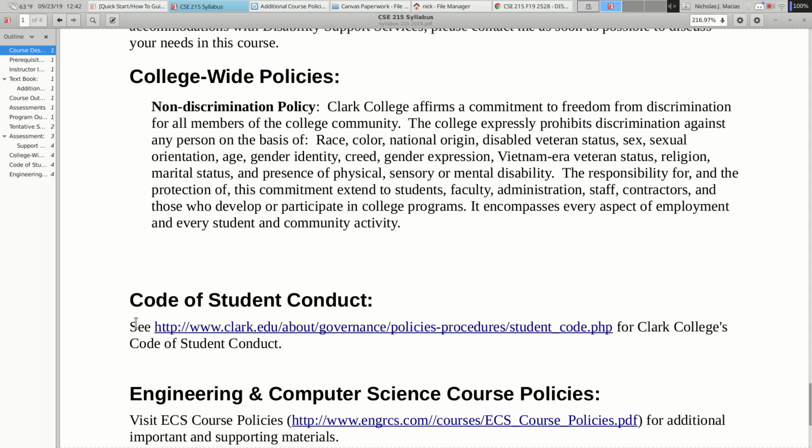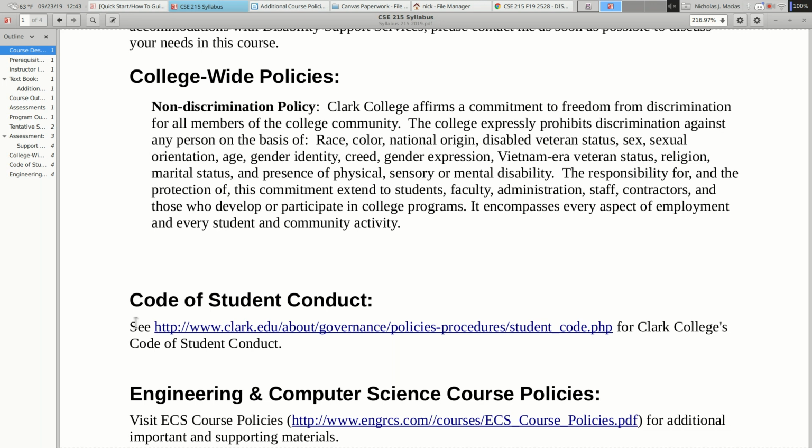All right, and so the non-discrimination policy, I'm going to read this verbatim to make sure that everybody has heard this at least once, or probably twice if you were here this morning. So Clark College's non-discrimination policy. Clark College affirms a commitment to freedom from discrimination for all members of the college community.